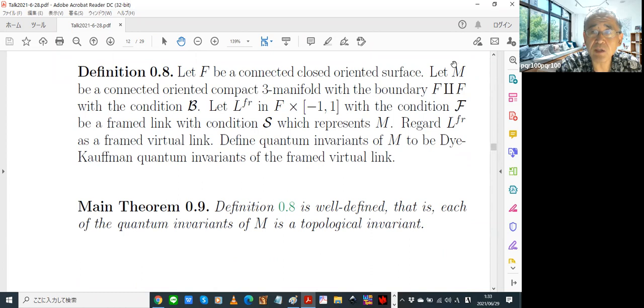We can represent M by using only 2 handles, framed link, only 2 handles. And further, we always suppose L represents a simply connected 4-manifold. And by using such a framed link, the Dye-Kaufman invariant is a topological quantum invariant of M. That's our main theorem.